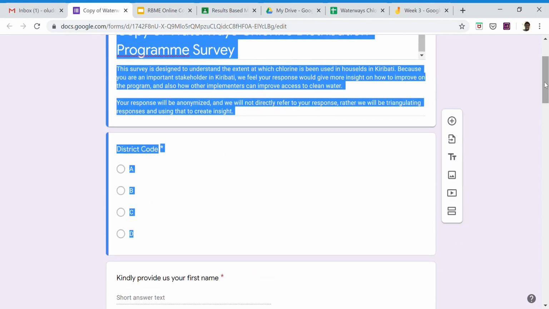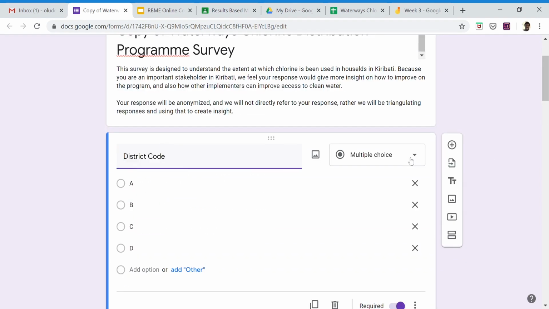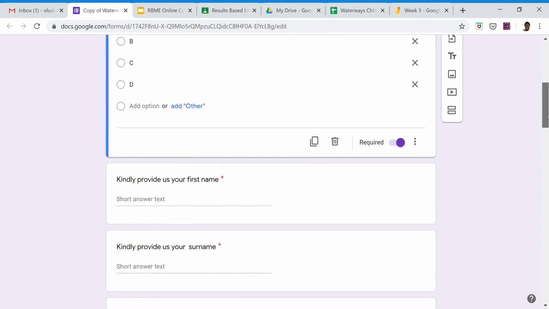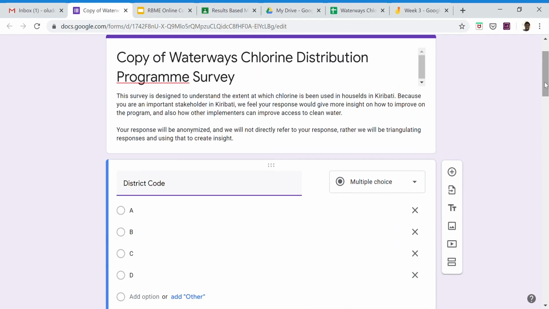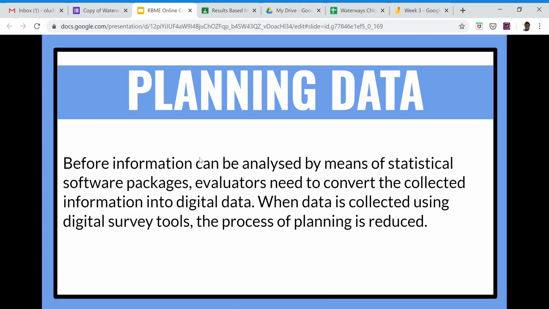That's a key, important step in preparing your instrument for data analysis. Before you start entering or analyzing data, you should test this instrument with a colleague.